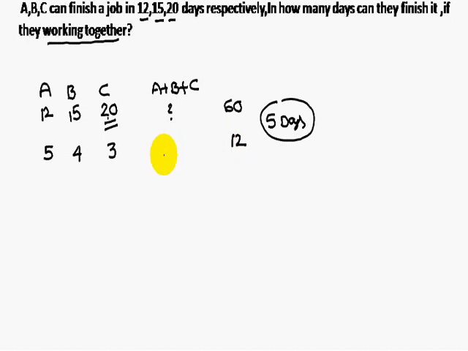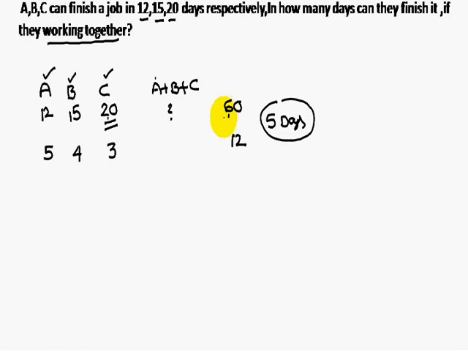So once again I am repeating how we did this problem. A individually can do a work in 12 days, B in 15 days, C in 20 days. In how many days can A plus B plus C together do the work? For these three numbers you have to get an LCM. LCM is always a multiple of the highest number.